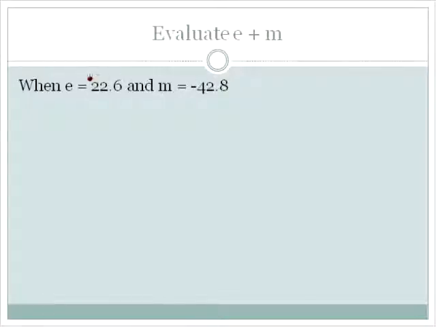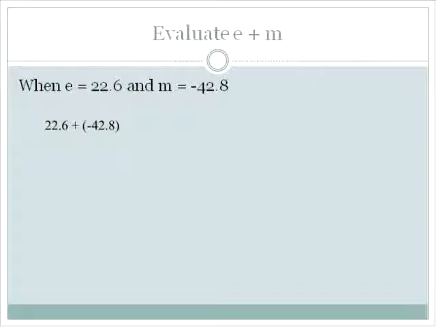And e is the value of 22.6 and m is the value of negative 42.8. So basically, what we're writing is 22.6 plus negative 42.8. Okay? That's e plus m. And as we looked at yesterday, we see that these two values are different, and the greater value is negative.